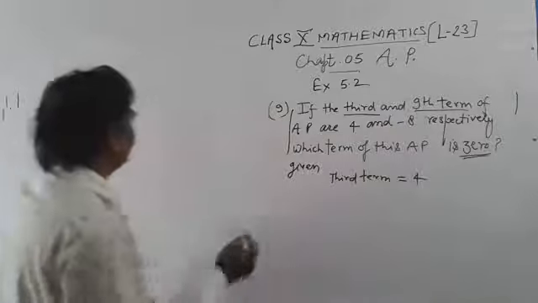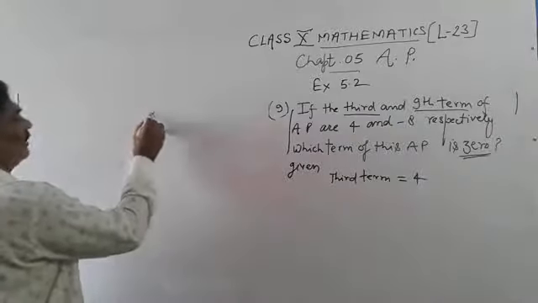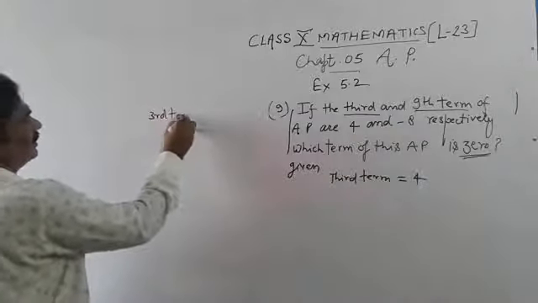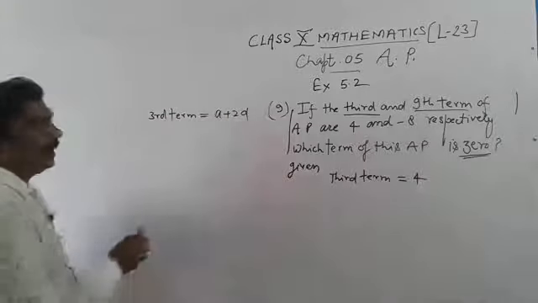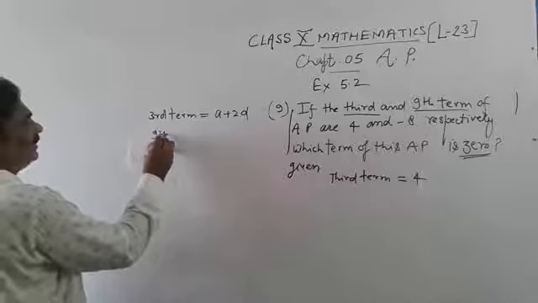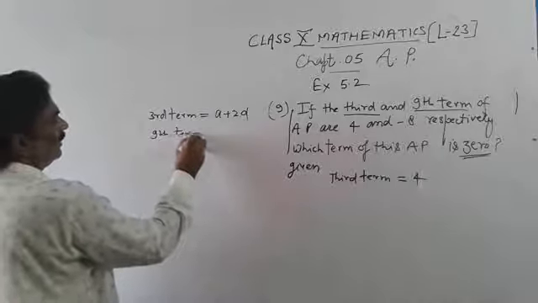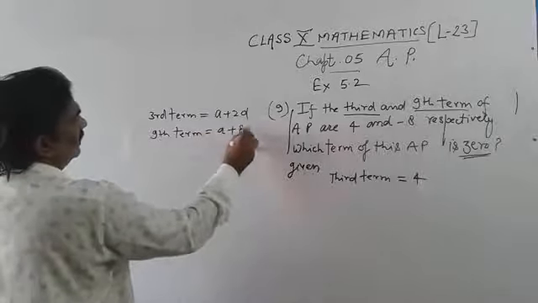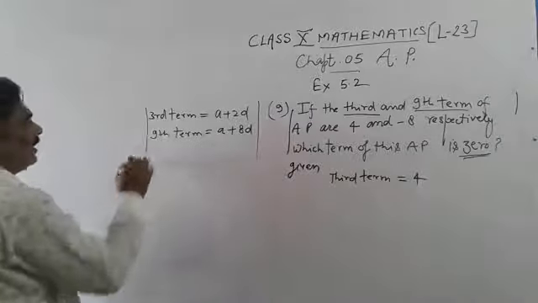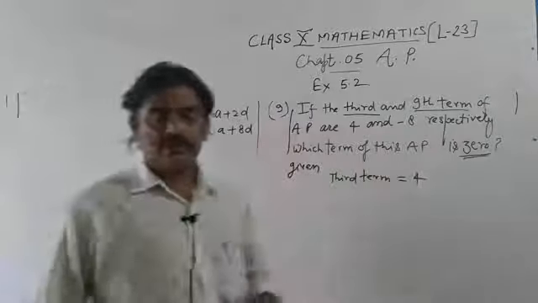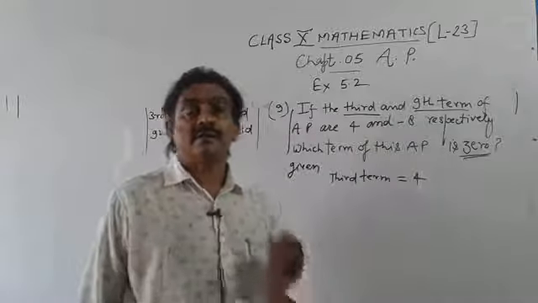If we want to write the third term, then certainly we will write a plus 2d. And if we want to write the ninth term, then we will write a plus 8d. I think you are very aware of how to take terms.